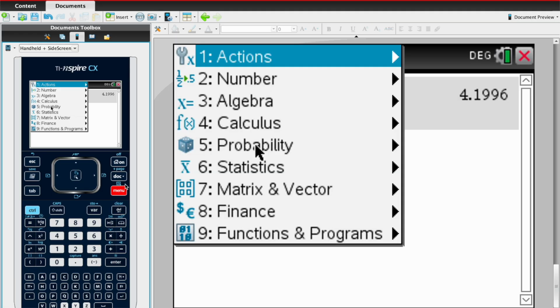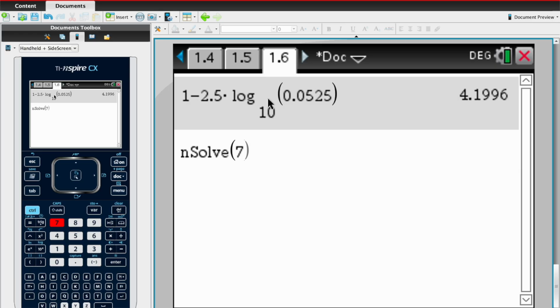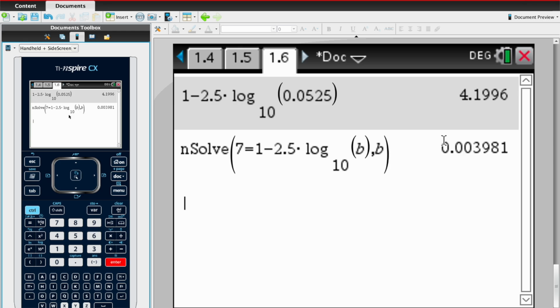We'll need to use nsolve here, algebra numerical solve. 7 equals 1 minus 2.5 log base 10 of b, and ask the calculator to solve for b. In this case, brightness is 0.003981.